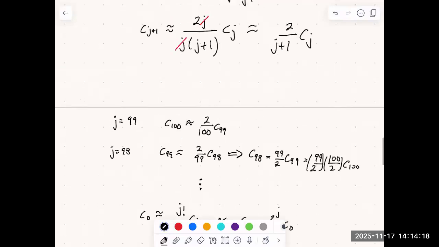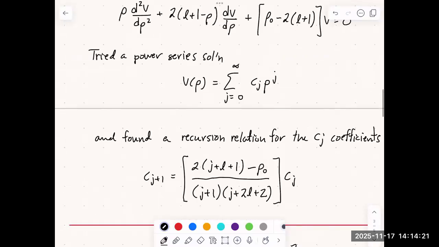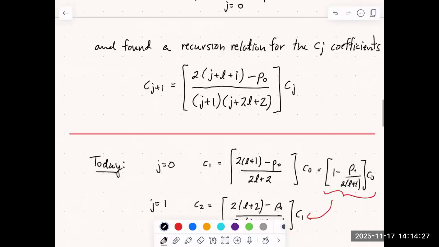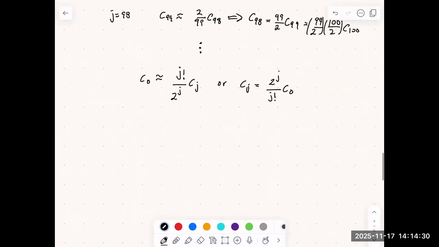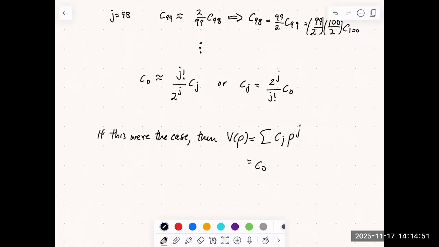I want to see, what does that mean for our power series solution if I put in the coefficients that look like that? Okay, so if this were the case, then let's see, this V rho was the sum of Cj rho to the J. Well, that would look like we'd get our C0, and then we'd have the sum of 2 to the j over j factorial rho to the j.